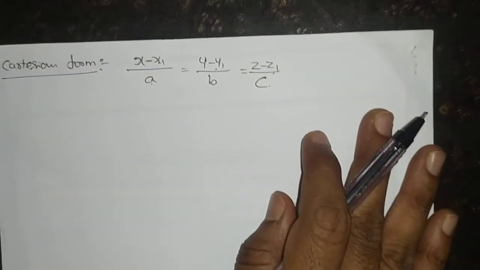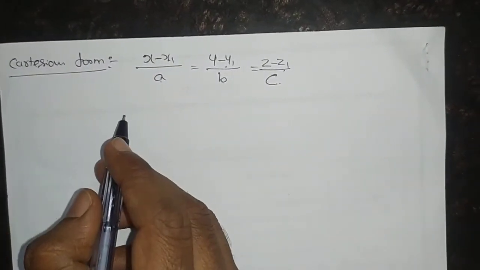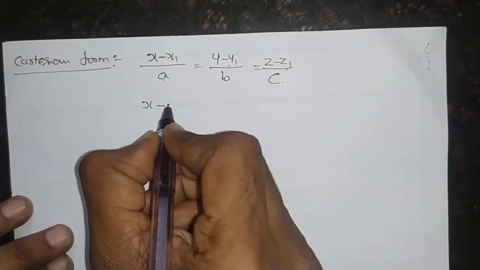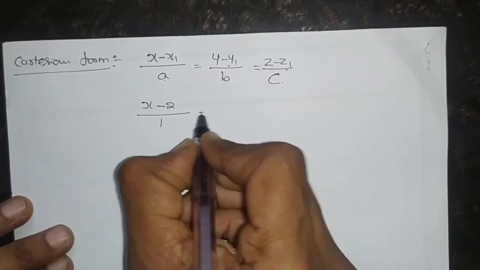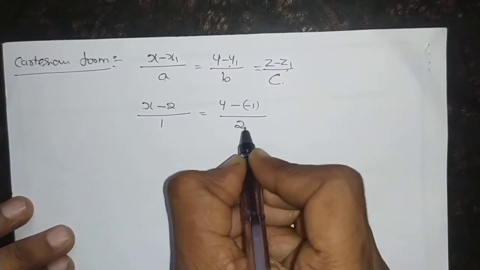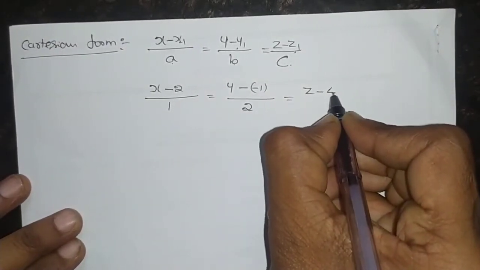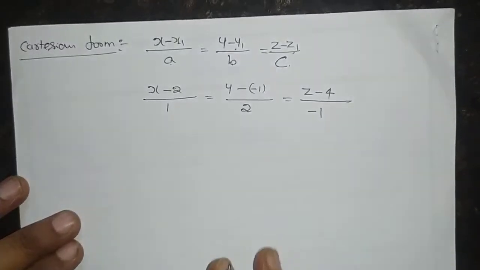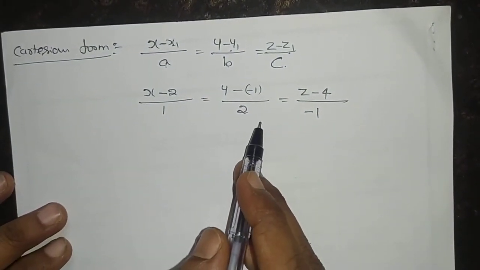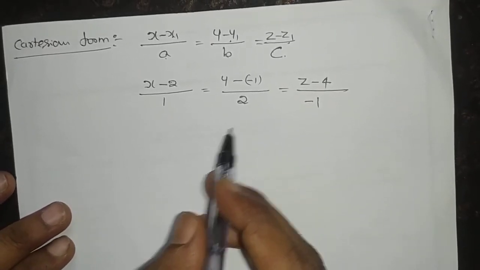Substitute the values of x1, y1, z1 and a, b, c. Then we will get (x minus 2) divided by 1, (y minus of minus 1) divided by 2 equals (z minus 4) divided by minus 1. Hence it is the required equation, right?